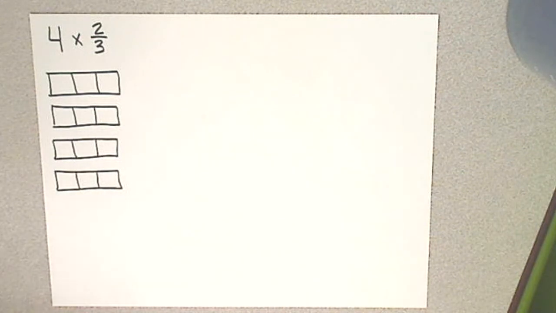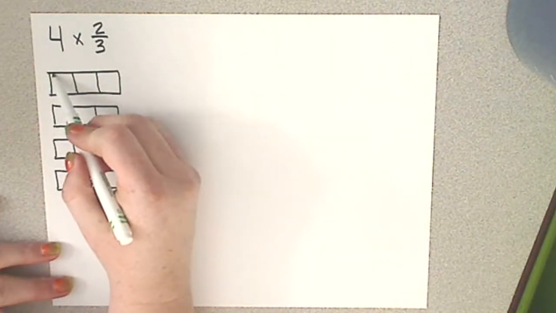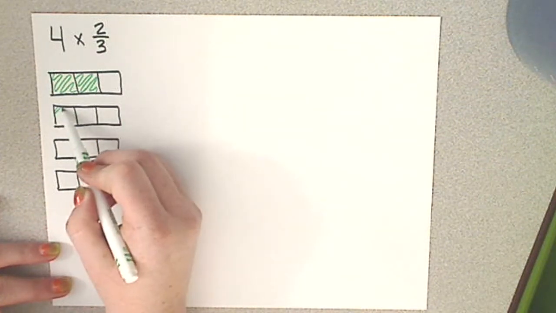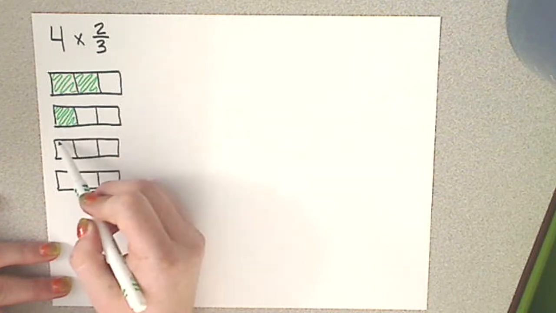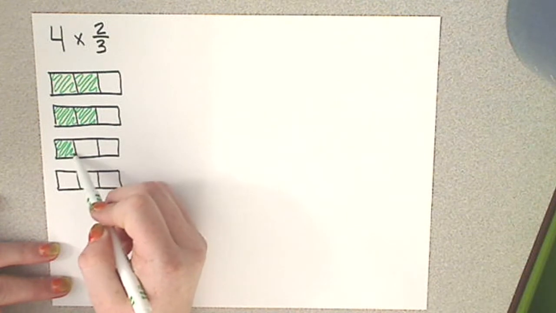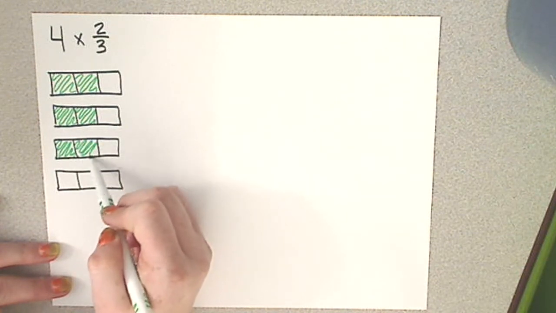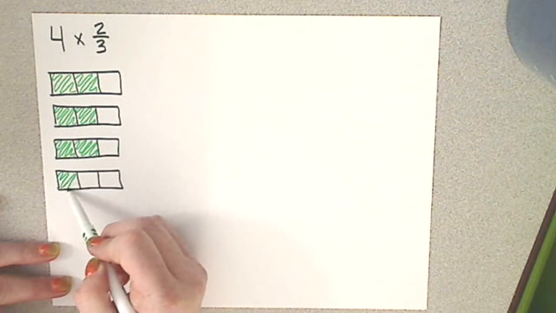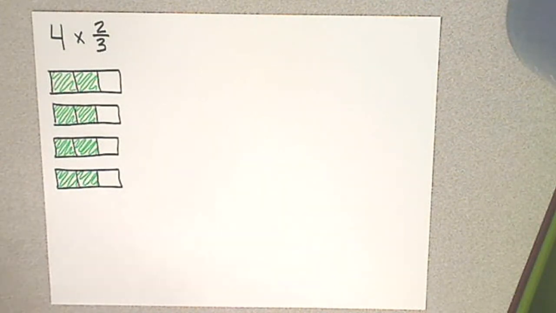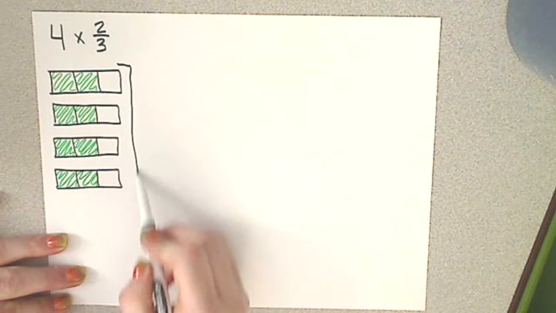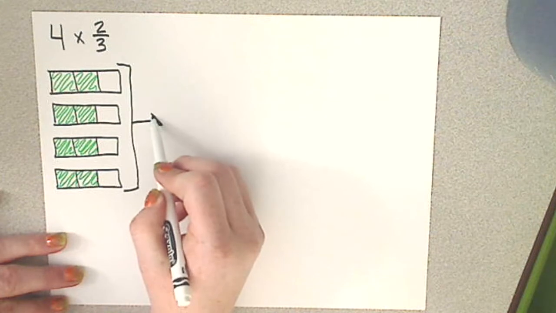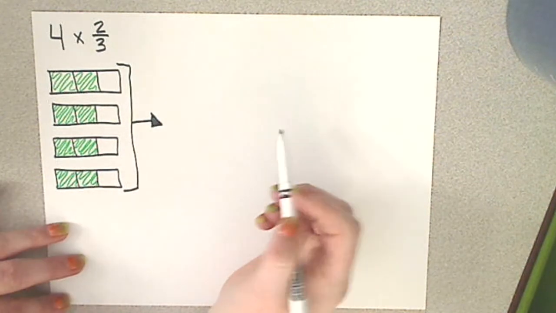And now I need to shade 2/3 on each of these. Awesome. And just like we did the first time, now we're going to take these partial products and combine them to find our final total.